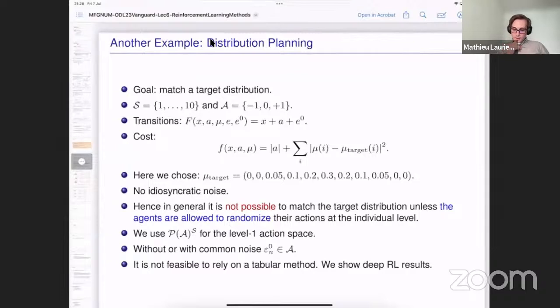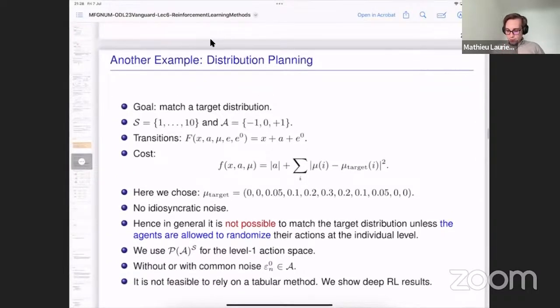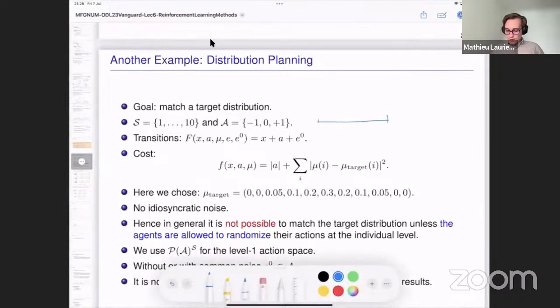So this application is the following. Imagine that you have a finite number of states and you have some initial distribution, maybe something like this, for example, and you have a target distribution, maybe something like this, for example.